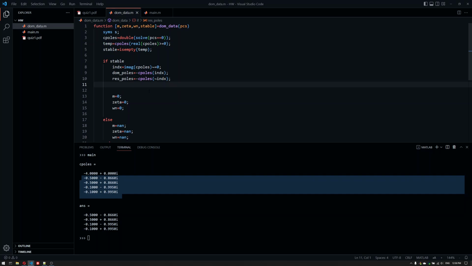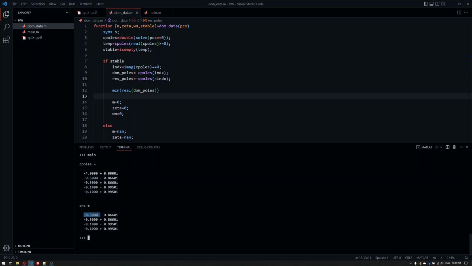Now, from the dominant poles, I'm interested in the minimum real value here. So let me take the real value here, because you can see we have two of them. So this would be 0.5 plus minus that, and 0.1 plus minus that. So I'm kind of interested in 0.1 because that's the dominant one. So this is going to be the index.